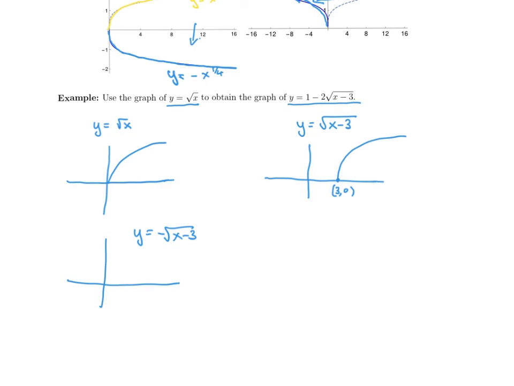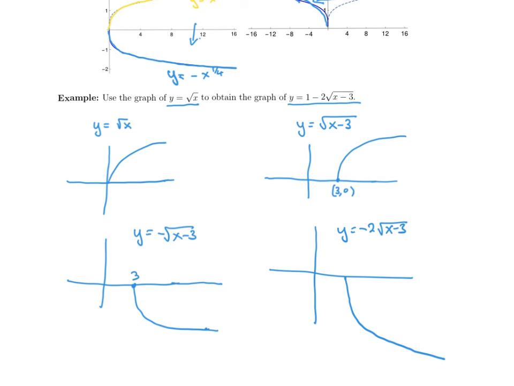Next, let's multiply by negative 1. And this basically just reflects the previous graph in the x-axis. So it still starts at the point 3, 0, and it looks like that. And y equals negative 2 times the square root of x minus 3 kind of looks the same, except it's been stretched vertically by a factor of 2.